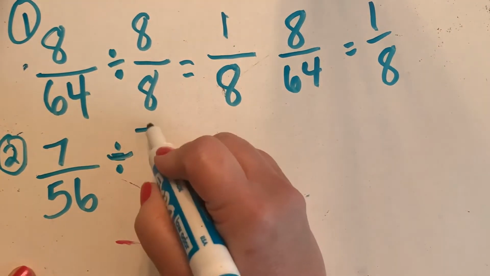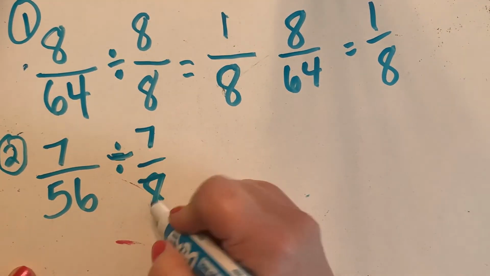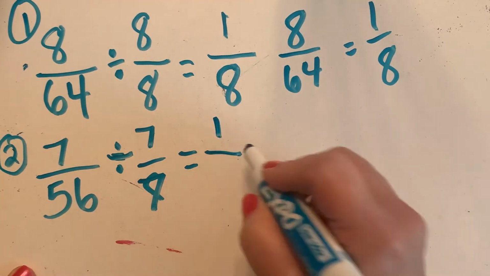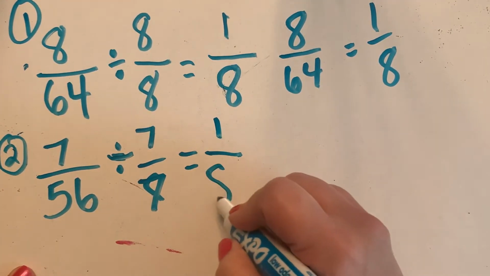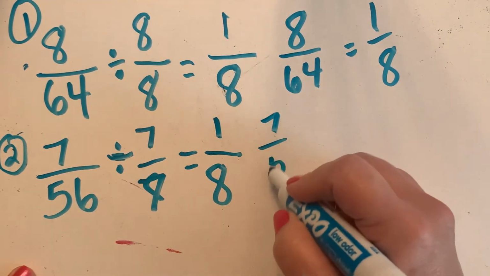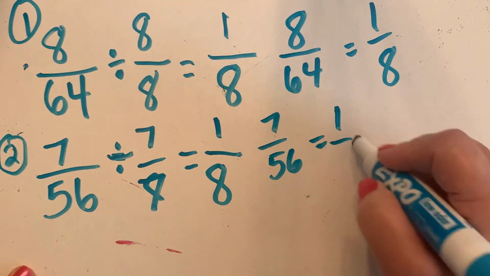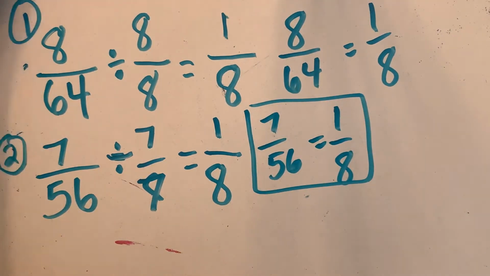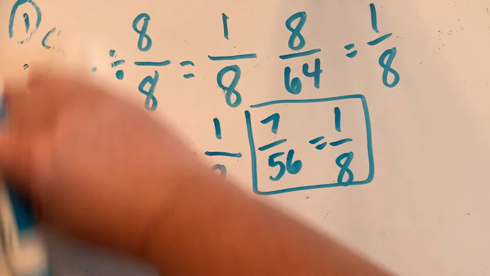That's right. 7 times 8 is 56. So we're going to divide. 7 divided by 7 is 1. 56 divided by 7 is 8. So 7/56 equals 1/8. And that's number 2.